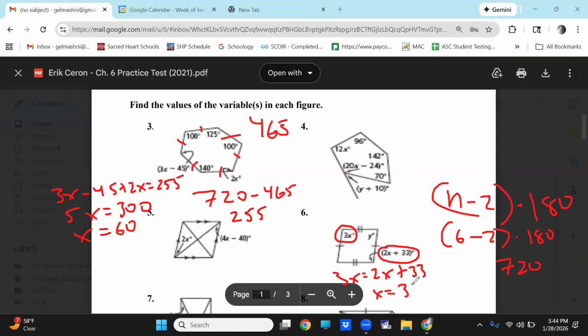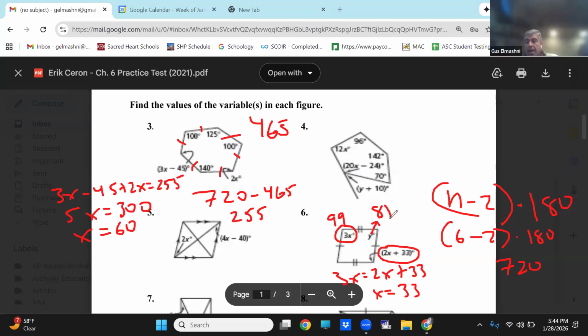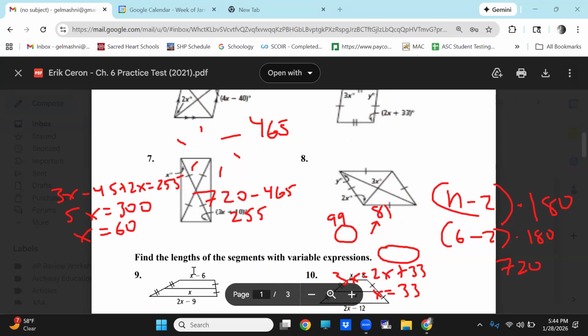So then y would be equal to 3x, 3 times 33, that's 99. So then y is equal to 99. 81. Oh, 81. They have to add to 180, because they're on the same side of the parallel lines. Same side interior angles.